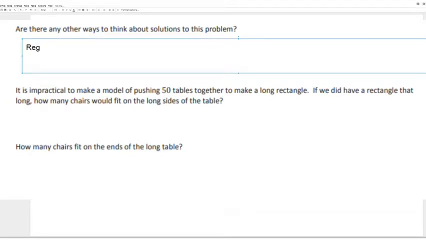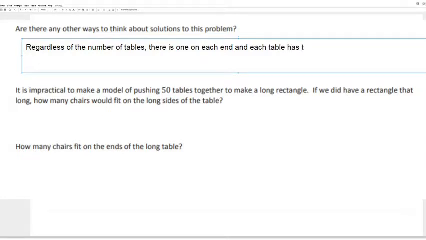If I said regardless of the number of tables, there is 1 on each end, and each table has 2 chairs.